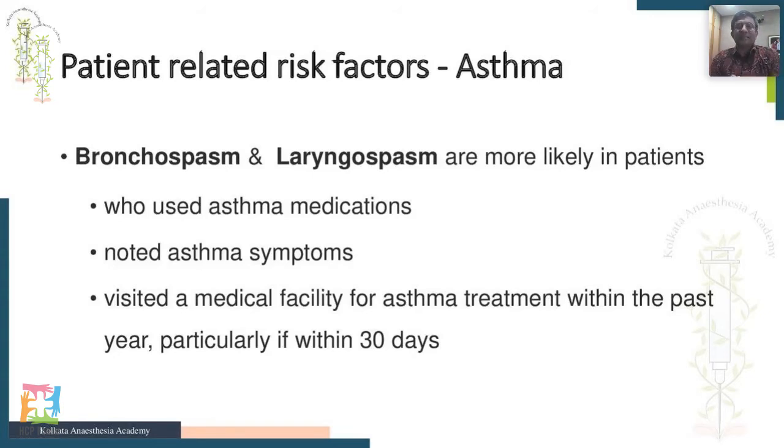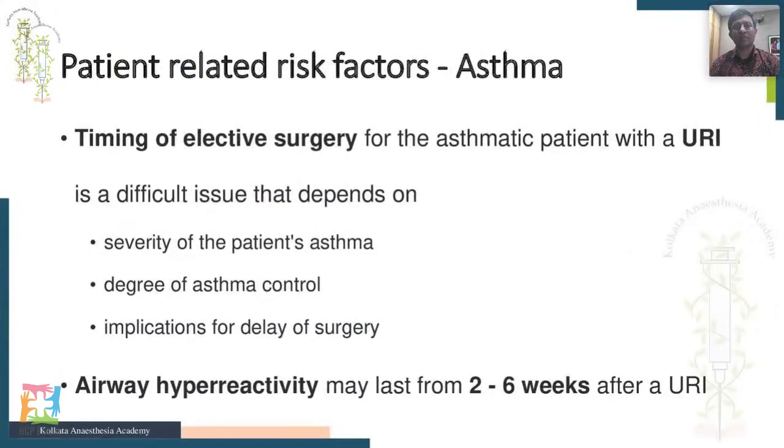With existing noted asthma symptoms, the patient says that he or she is breathless, a little bit of activity makes the person breathless, some kind of an allergen makes the person breathless, etc. And if the person has visited a medical facility for asthma treatment in the past 30 days. So that is, again, about bronchospasm and laryngospasm.